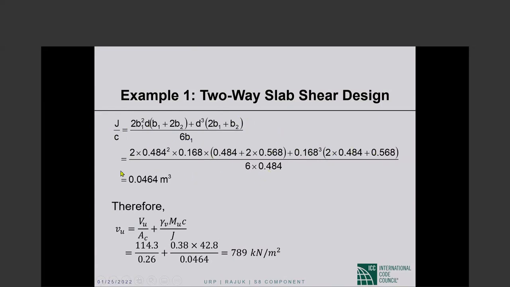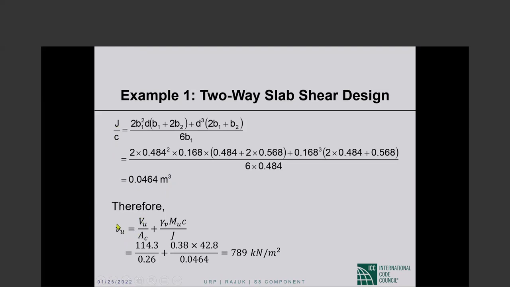All of that gives us a J over C of 0.0464. This is meter cubed. J is meter to the power 4. C is meter. So this is cubic meter.